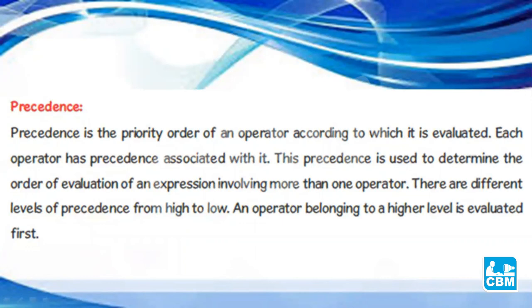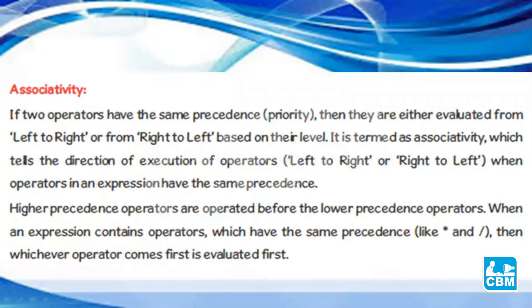Precedence is nothing but the priority order of an operator according to which it is evaluated. An operator belonging to a higher level of precedence is evaluated first. Now, what if the two operators have the same precedence?